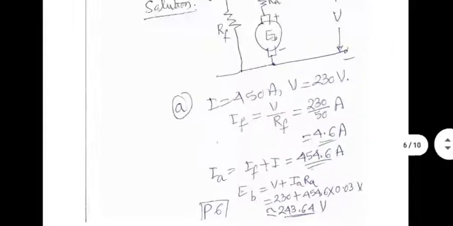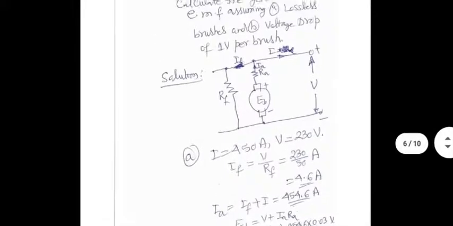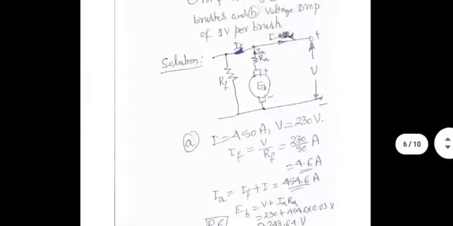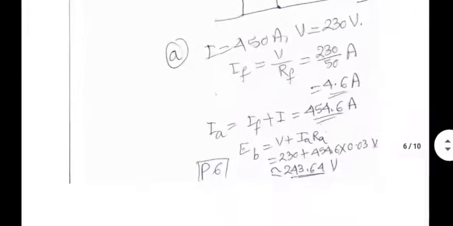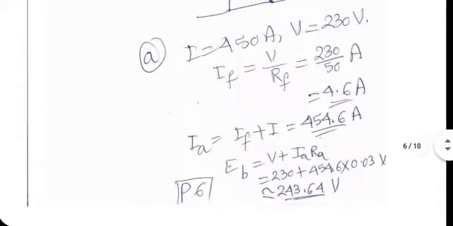In part A, we are assuming that brushes have no voltage drop. They are lossless. In part B, we are supposed to assume that each brush drops 1 volt because of the contact losses. So in part B, the calculations will be almost the same except at the end. EB will be V plus IARA plus 1 volt because of the brush number 1 plus 1 volt because of the brush number 2.